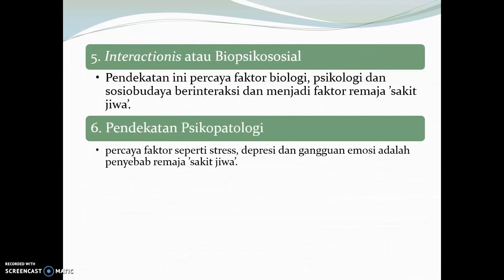Right? Kalau kita lihat dari segi interactionist ataupun biopsychosocial, is actually about pendekatan ini percaya faktor biologi, psikologi dan sosio-budaya berinteraksi dan menjadi faktor remaja sakit jiwa. Basically, these three aspek ataupun aspek biologi, psikologi dan juga sosio-budaya, ketiga-tiga aspek ini mempunyai keberkaitan antara satu sama lain dan menyebabkan wujudnya sakit jiwa dalam kalangan remaja.